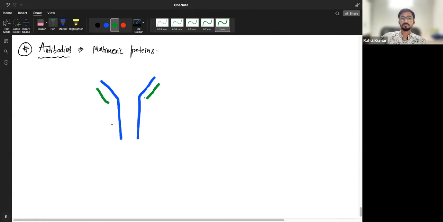So 2 are bigger chains or heavier chains. We call them heavy chains. And 2 which are depicted in green are light chains. And they are connected together by a sulfur linkage, SS linkage.